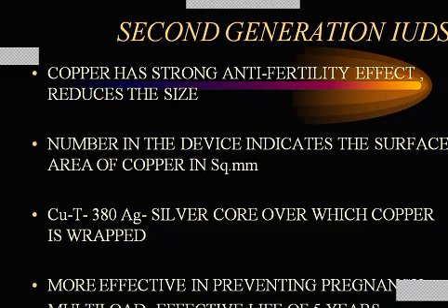So what is the advantage? What does the number present in the device indicate? The number in the device indicates the surface area of the copper in square millimeters.